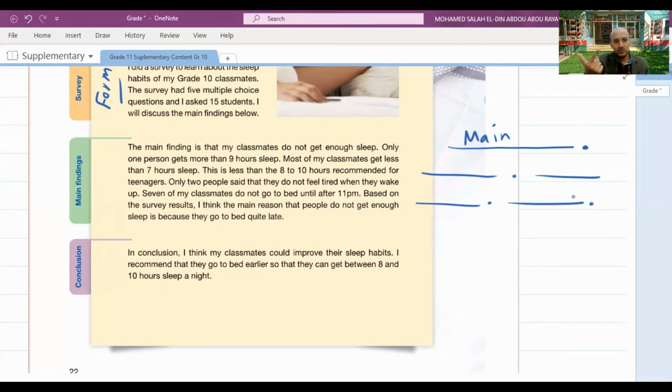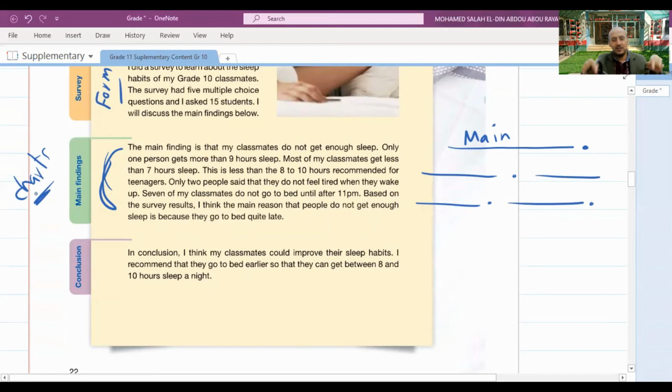Only one person gets more than 9 hours sleep. Most of my classmates get less than 7 hours sleep. I can hear some of you say, Mr. Muhammad, this is exactly what we were doing when we write a paragraph on charts. Yes, but this is not on a chart. This is on a survey.